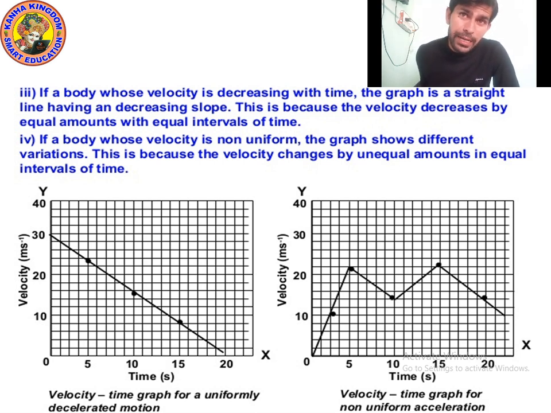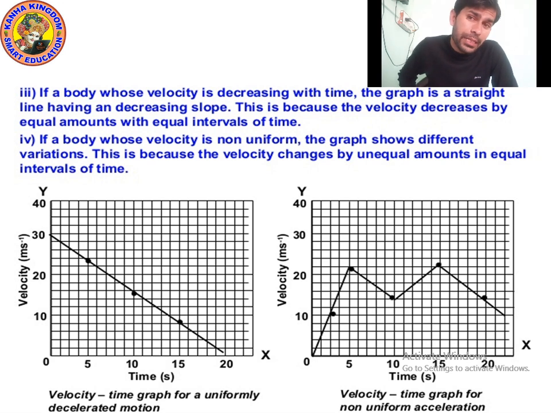Then after 5 seconds again it decreases, so after 15 seconds the value becomes 10 meters per second, and at last, after 5 more seconds, the car comes to rest.